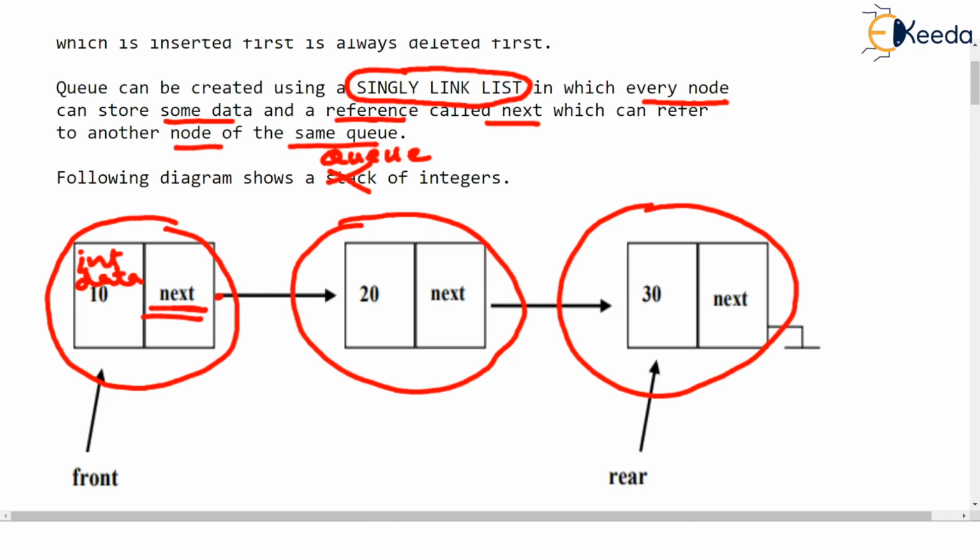So this next is storing the address of this node, pointing to the next node. Similarly, the next in the second node is pointing to the next node. Whereas 30 does not have anything to follow, so the next pointer stored in the node storing 30 is null. By null, we mean that the pointer is not pointing anywhere.